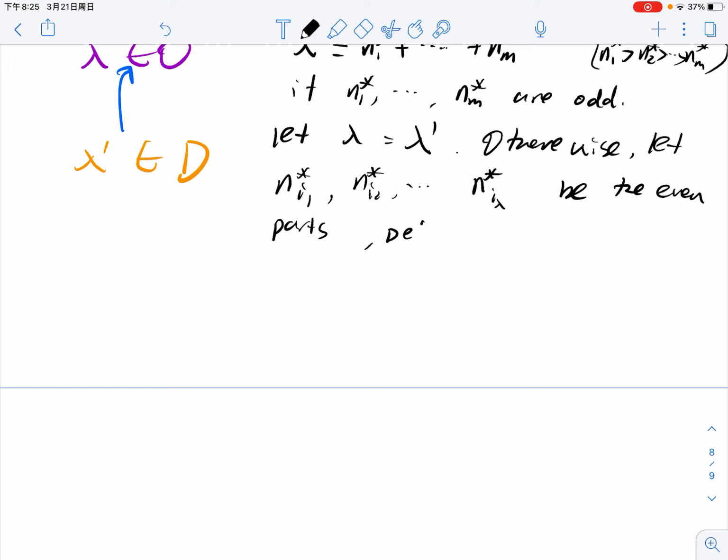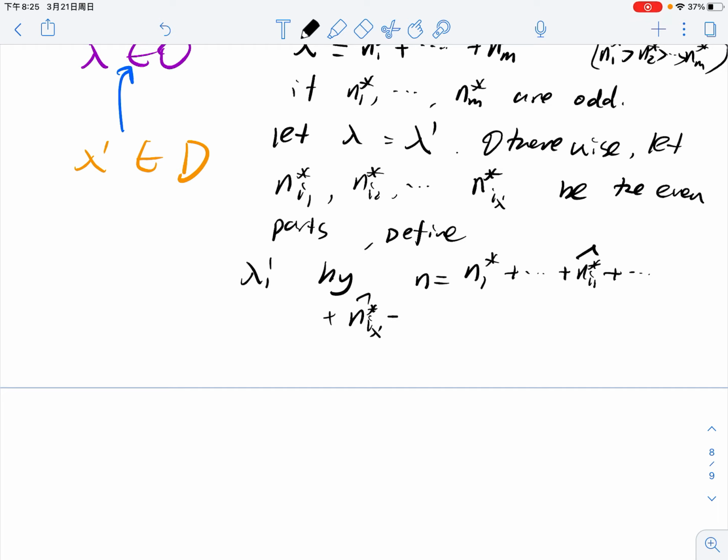And then define lambda 1 prime by n equals n1 star plus and so on; you delete these even parts. Here the index just means it depends on the partition.